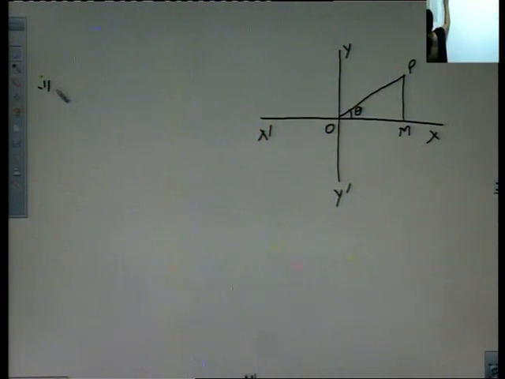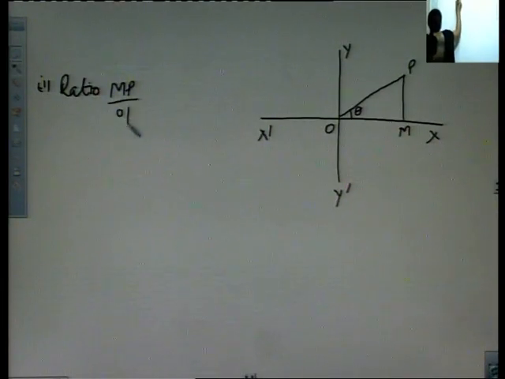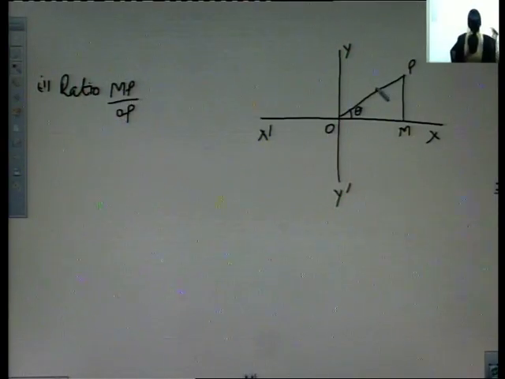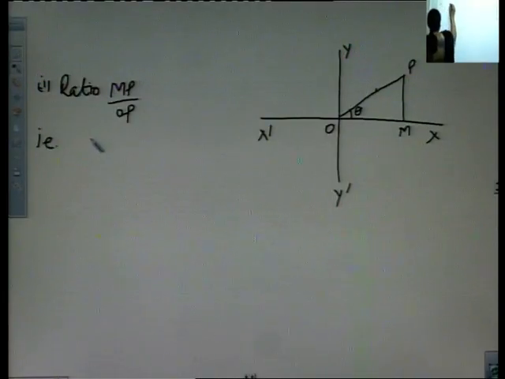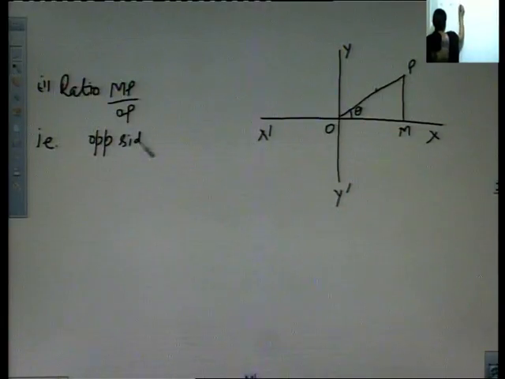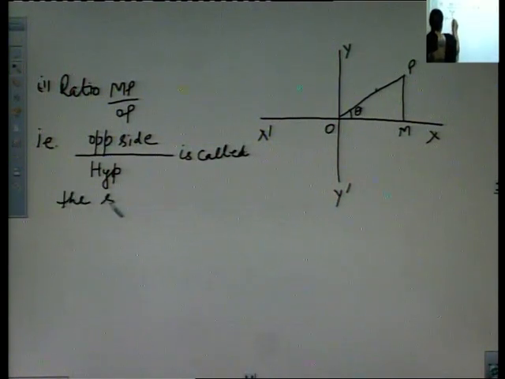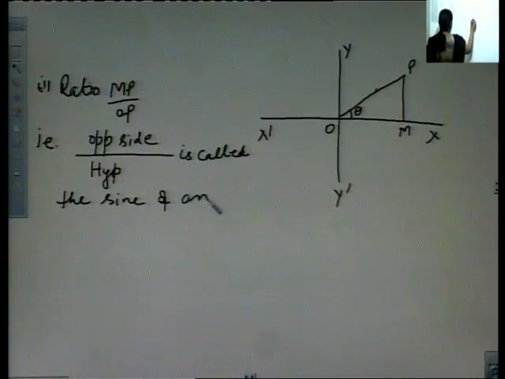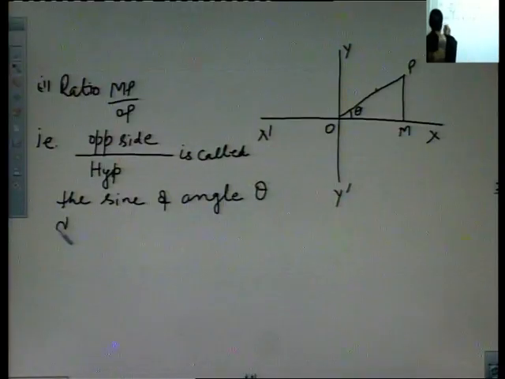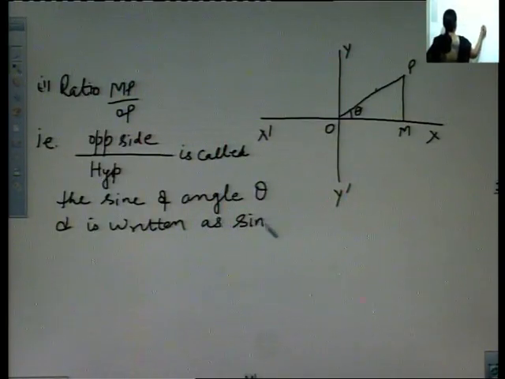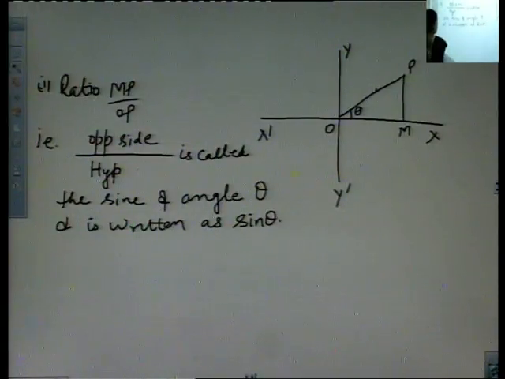Now, the ratio MP upon OP, that is opposite side upon hypotenuse, is called the sine of angle theta and is written as sin theta. It means MP upon OP is equal to sin theta.